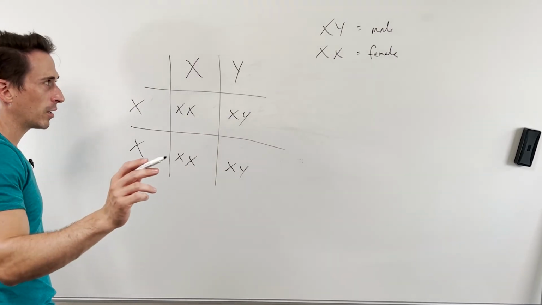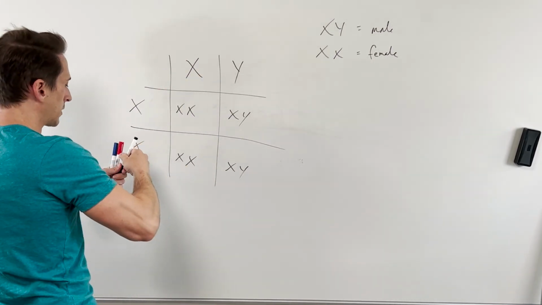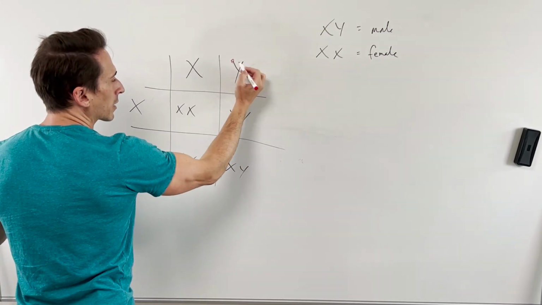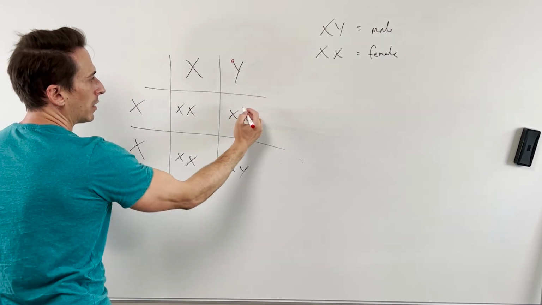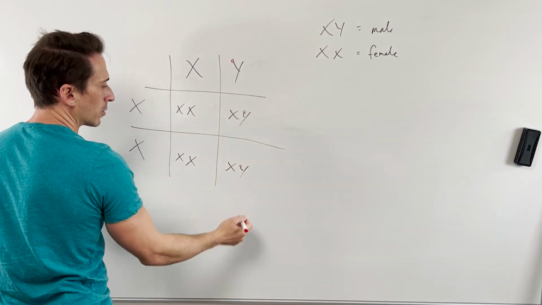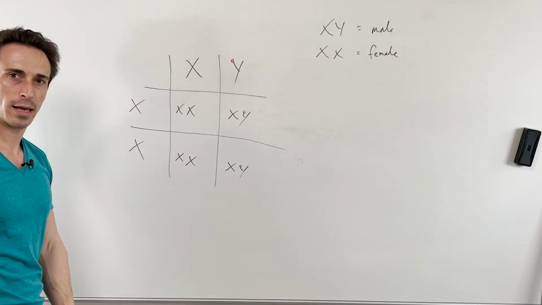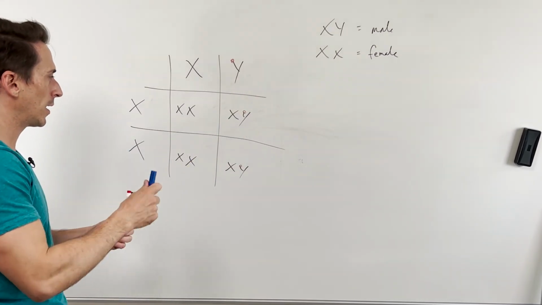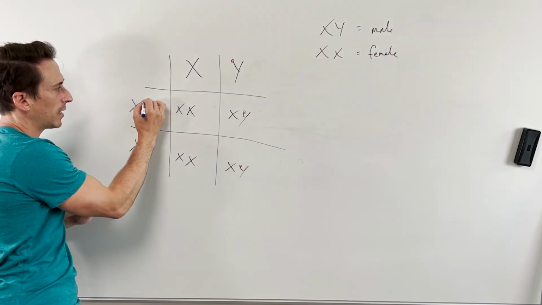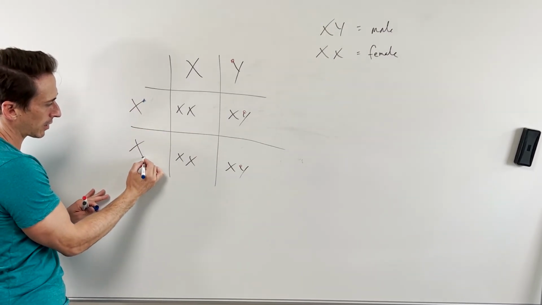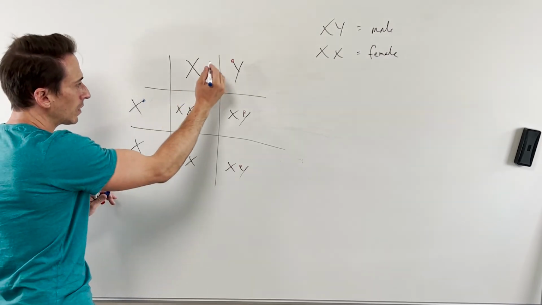Now have a think. Let's tag the Y from dad like that. So there's the Y and there's the Y. Obviously, every single male gets their Y chromosome from their dad, which means let's tag this X here like that, and this X here like that.